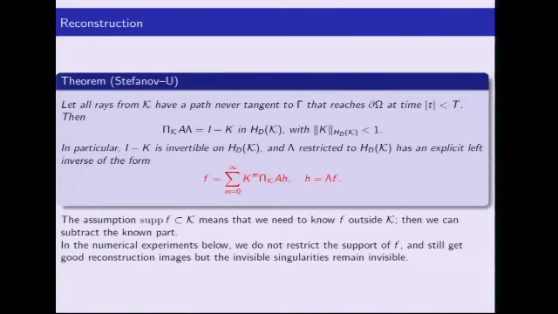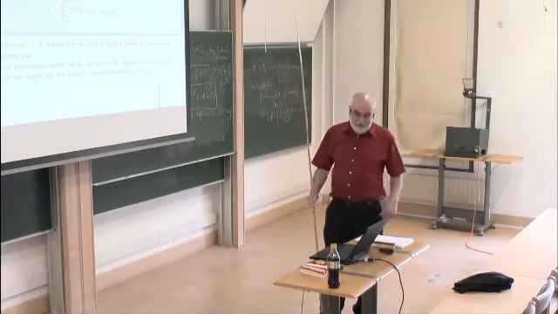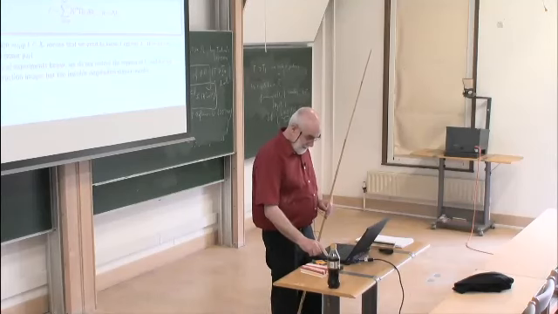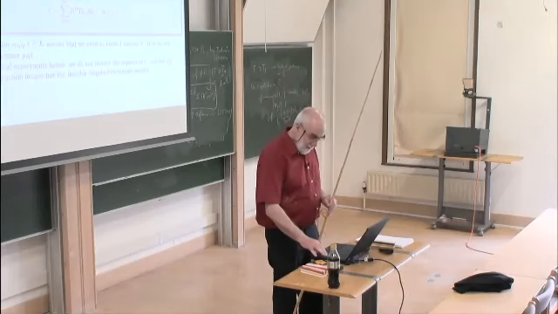If the rays don't leave, then you have the identity minus compact, and the norm of this is less than 1 for t sufficiently large. And the time t is also the same as the largest of the lengths of geodesics with respect to the same metric, but now the metric is singular, so you may have broken rays. Okay, so the procedure works.